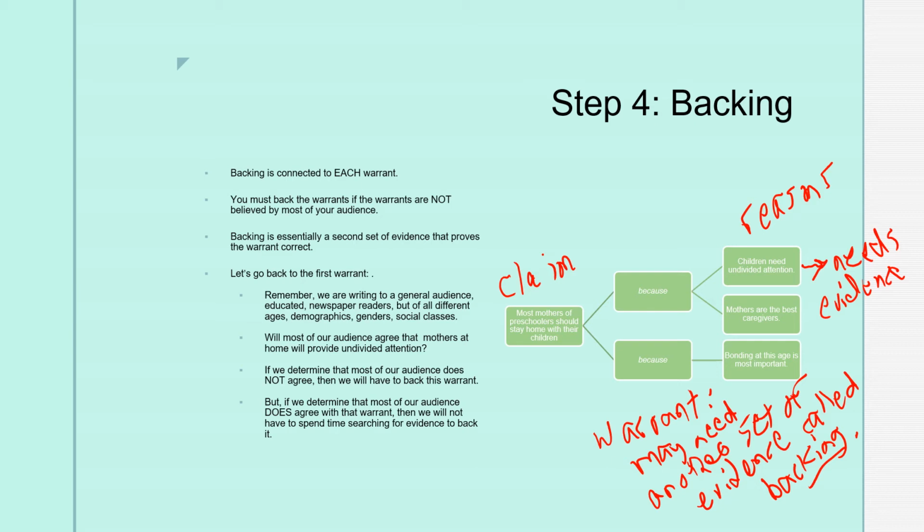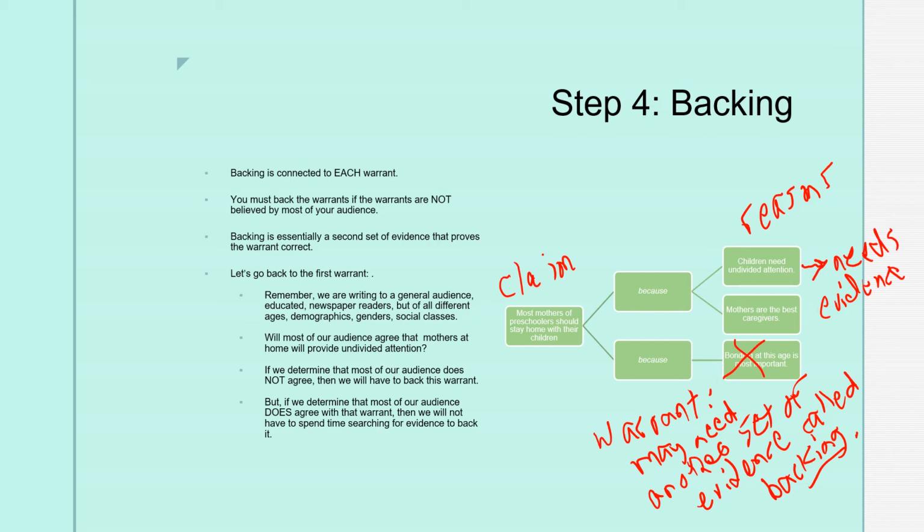The reason is bonding at the age of being a preschooler is most important, connecting that back to mothers staying at home. The reason of bonding at this age is most important, of course, would require some evidence. But the warrant that mothers at home will bond with their children, most people would agree to that. So I would think that that one would not need backing.